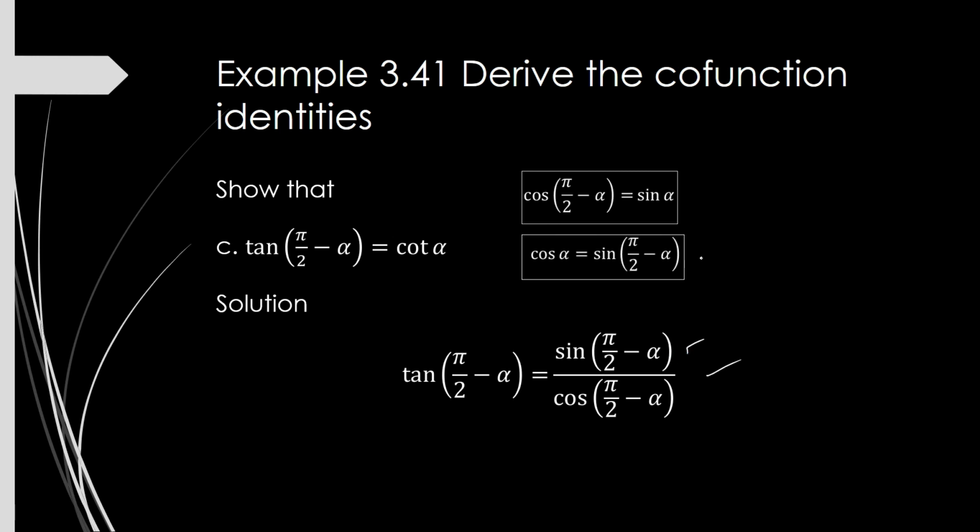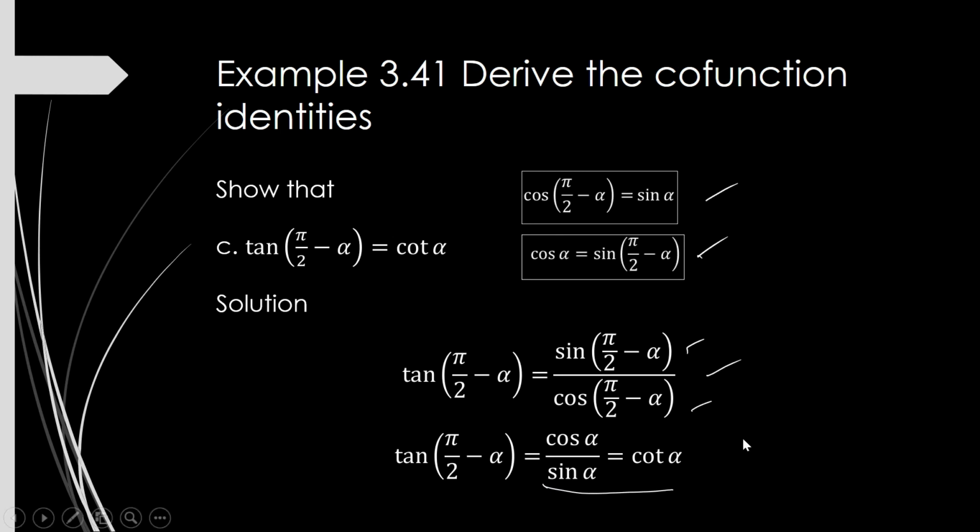We already know that it is equal to cosine of alpha. And cosine of pi over 2 minus alpha is equal to sine of alpha. So this one is equal to cosine of alpha over sine of alpha. And you know that this is among your fundamental identities. It is equal to cotangent of alpha.